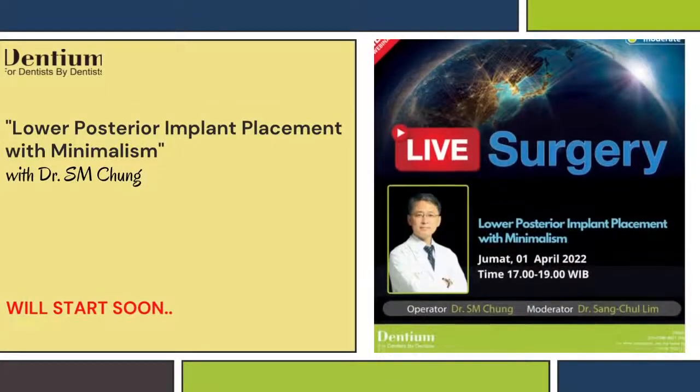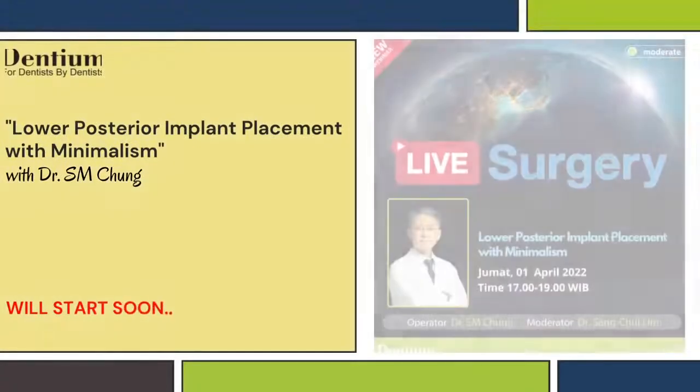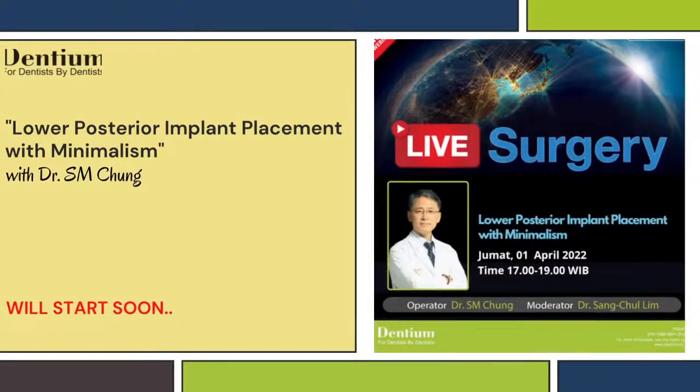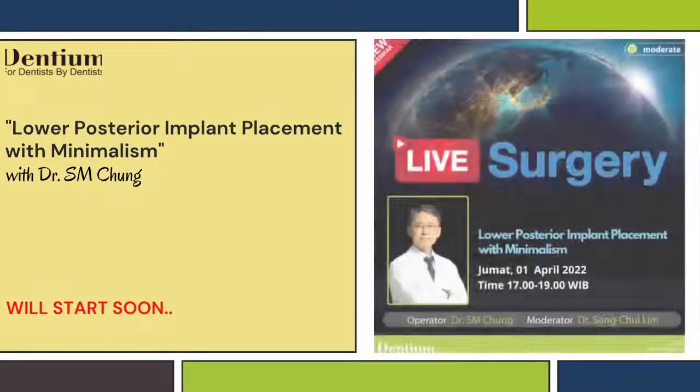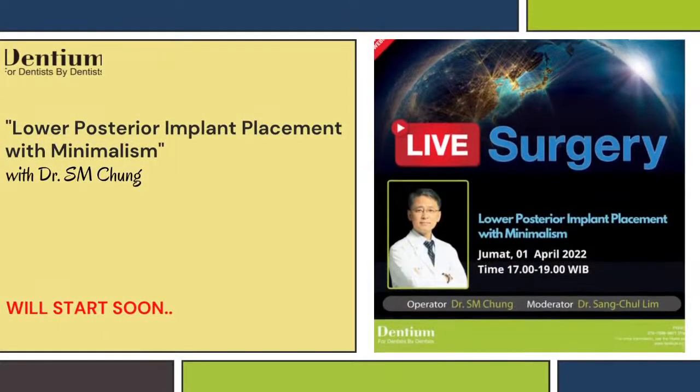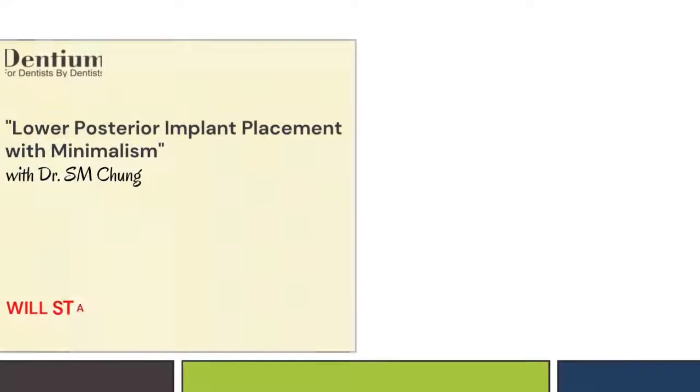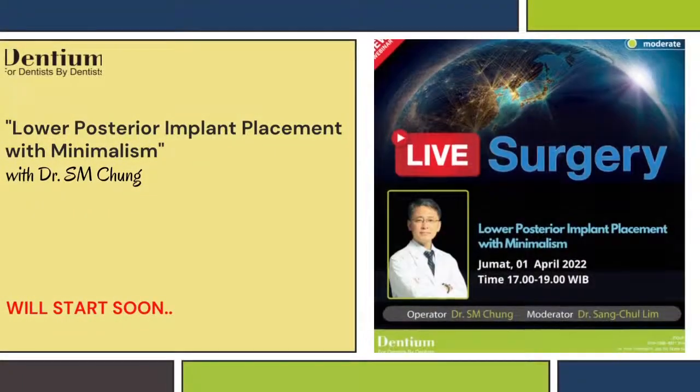So it is not the manual type. It is a highly upgraded version. Nowadays we can use these functions very comfortably during surgery, especially in very tight posterior ridge areas.